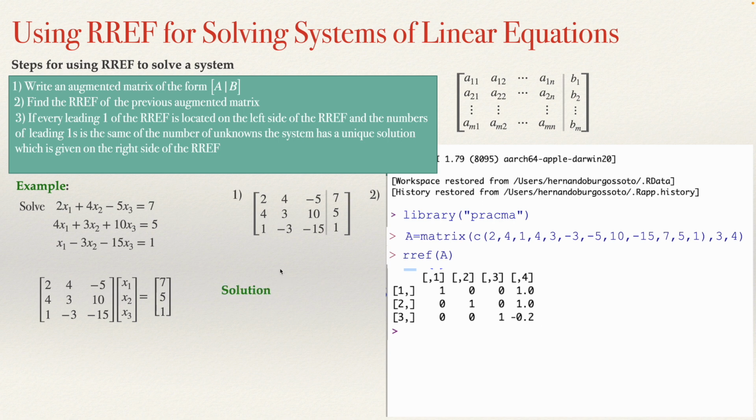So x1 equals 1, x2 equals 1, and x3 equals minus 0.2. That is the way we solve a problem in which we have a unique solution. Now we are going to analyze other cases.